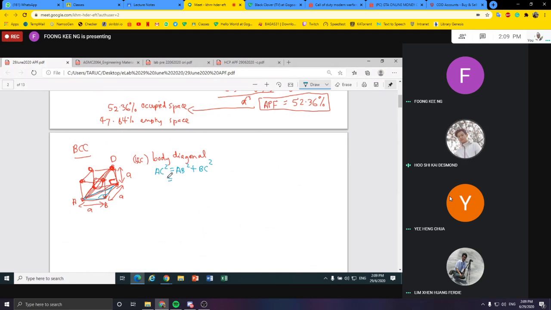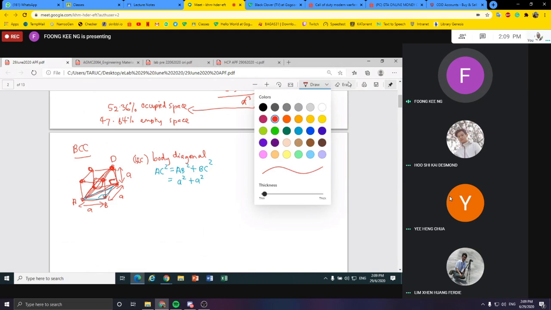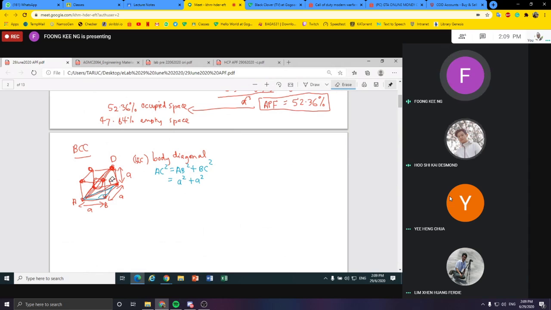A squared plus A squared. Okay, you can't see the C. Let me change the color pen because the C was not written well. The C is here. So this is A, this is B, this is C, this is D. Okay, let's change back the color.